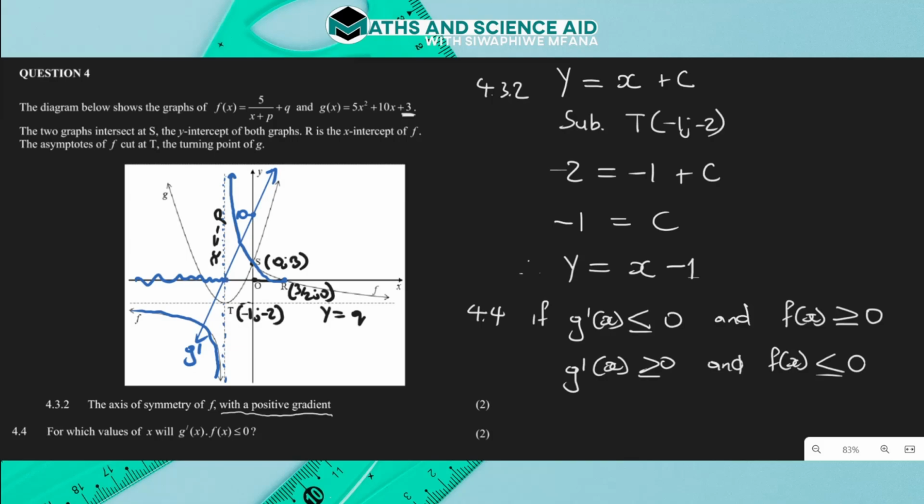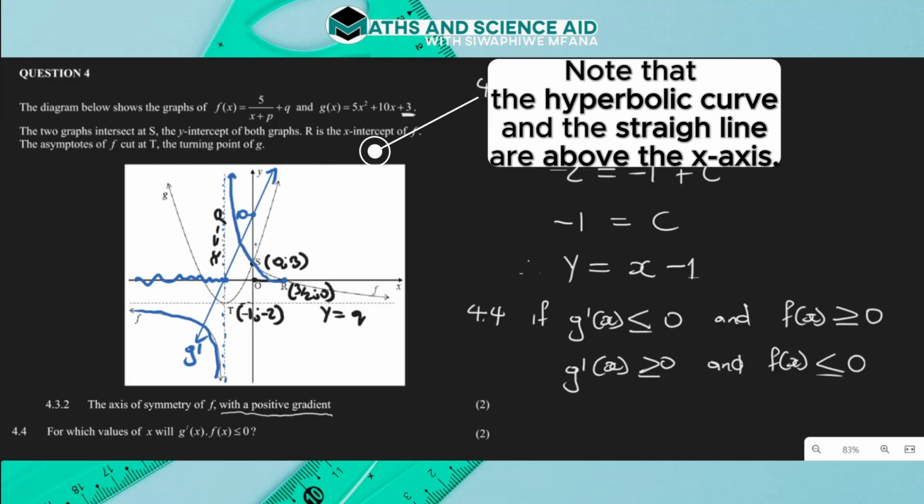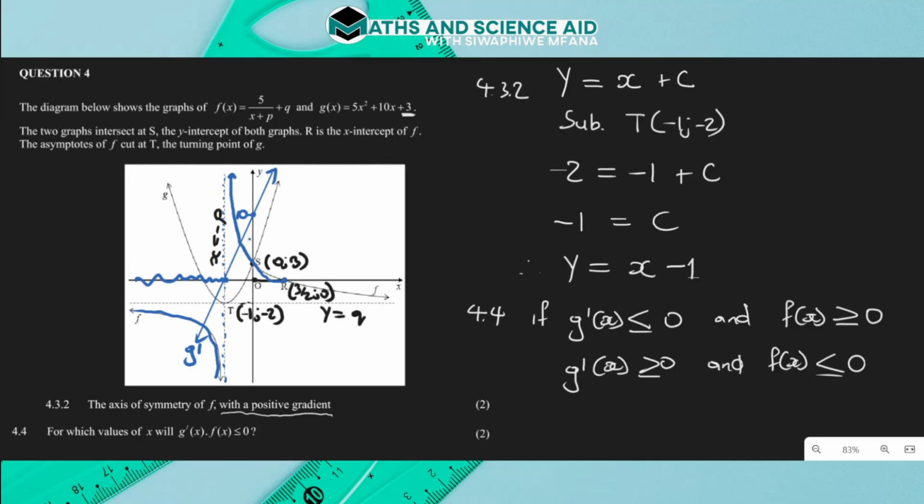So from this point up to point R, all the values of our g prime and f are positive. Both of the graphs are positive. So if we multiply them together, we will still get a positive answer.